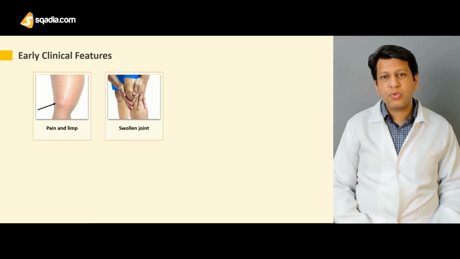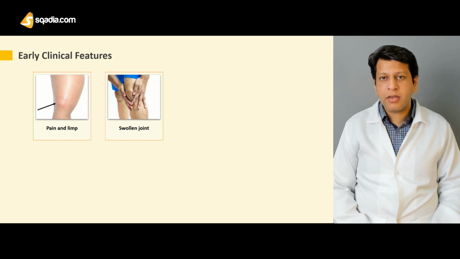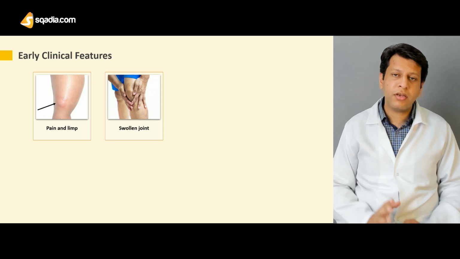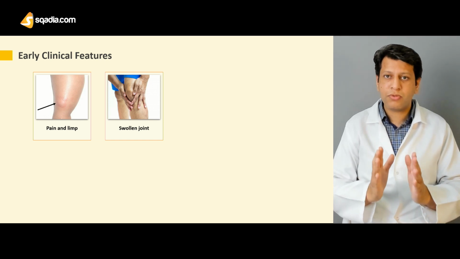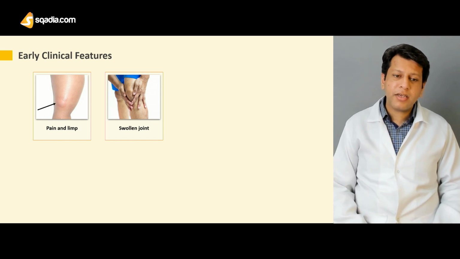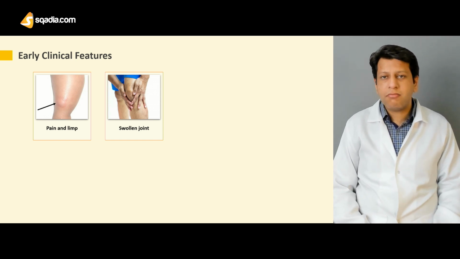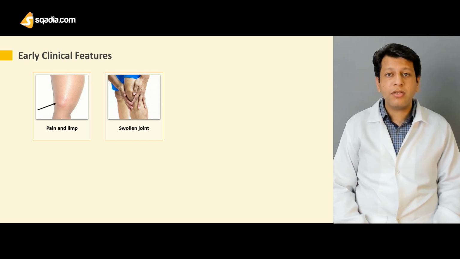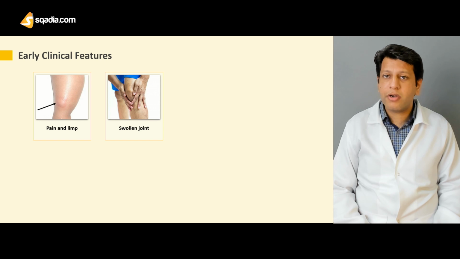Usually pain, swelling with a limp, and with a previous history of tuberculosis, the first thing which comes to your mind is always tuberculous arthritis. But at times pain and limp can be common in multiple other causes as well. Similarly, swelling is not isolated to tuberculosis.